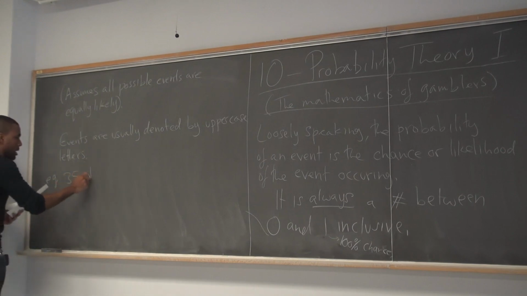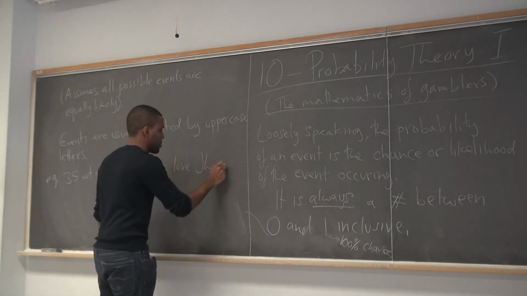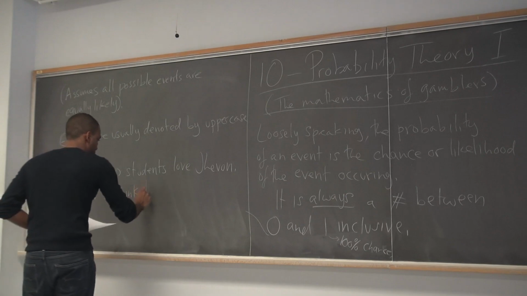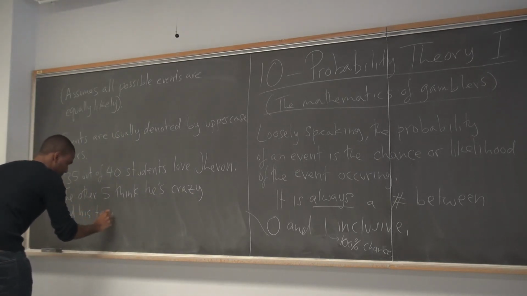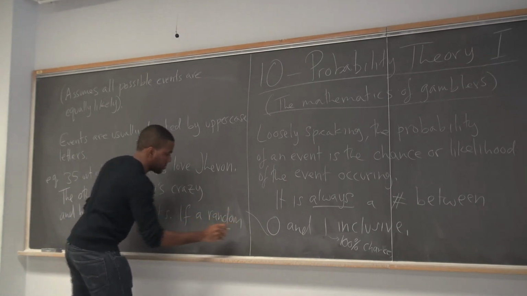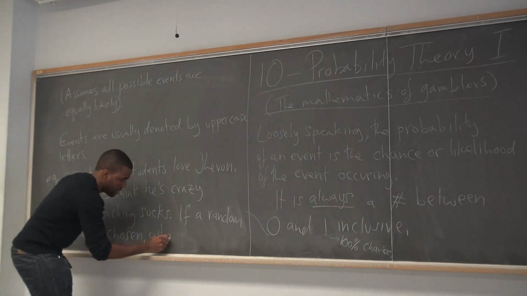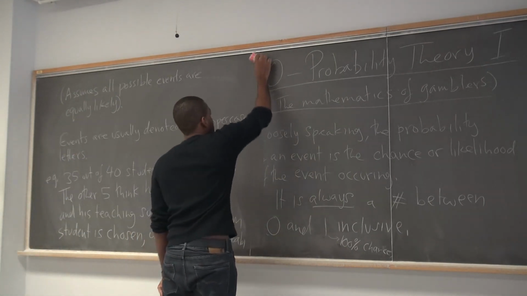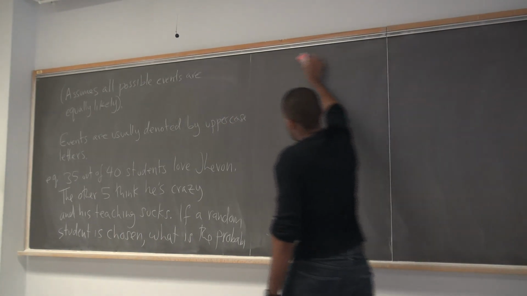Okay, so 35 out of 40. So some probabilities just come from statistics.